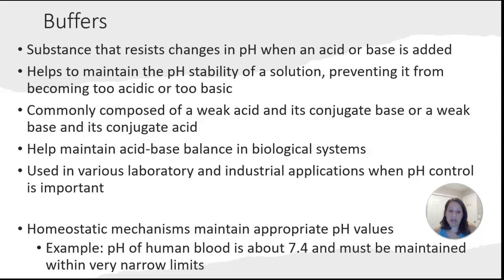This could happen in your body, it can happen in the laboratory. We want to make sure that we control fluctuations in pH, especially inside of living organisms, right? So if pH gets out of whack, your cells are not going to like that. You've got enzymes inside your cells that can only function in a very limited, narrow pH range. And so therefore, we want to make sure that we keep everything in that range.